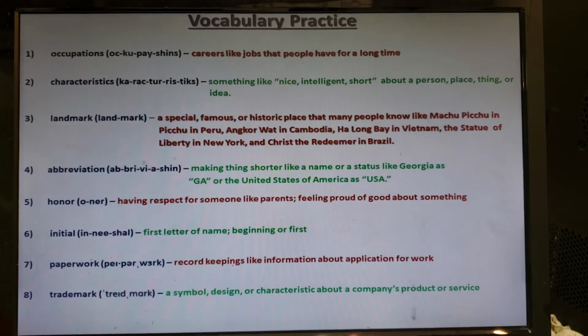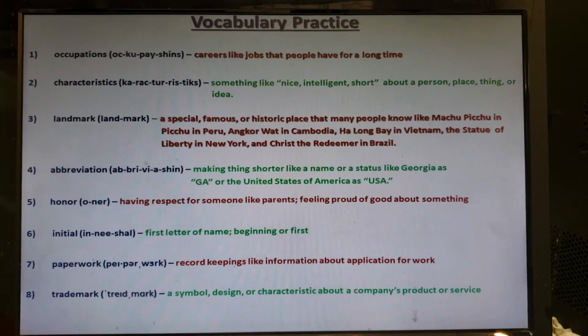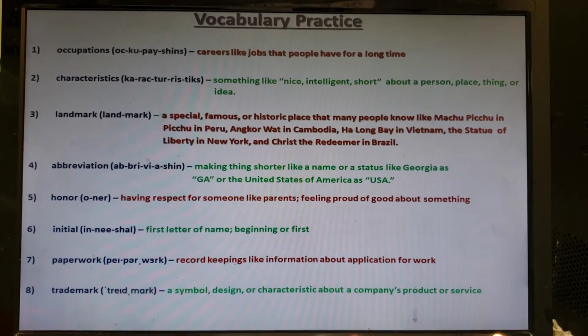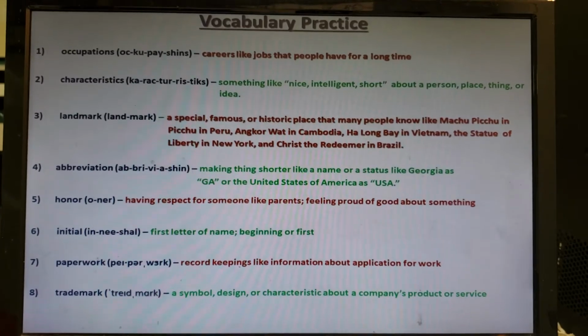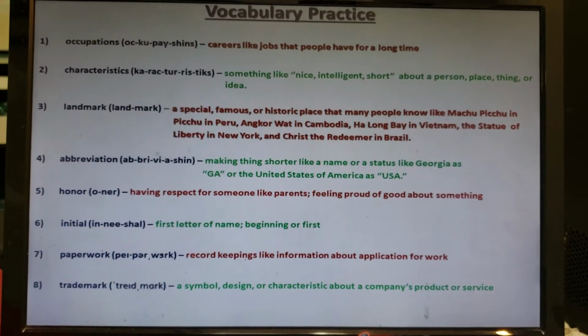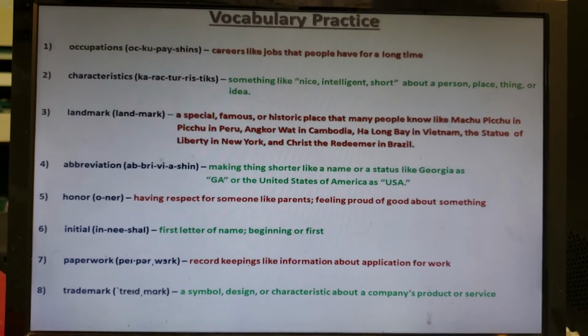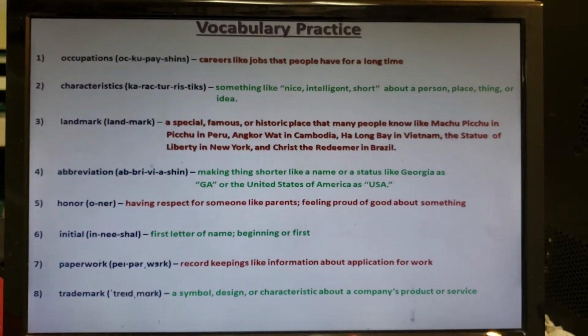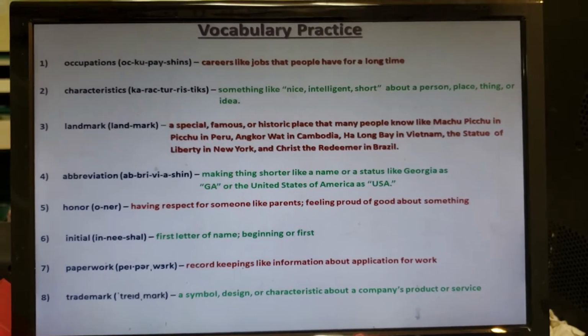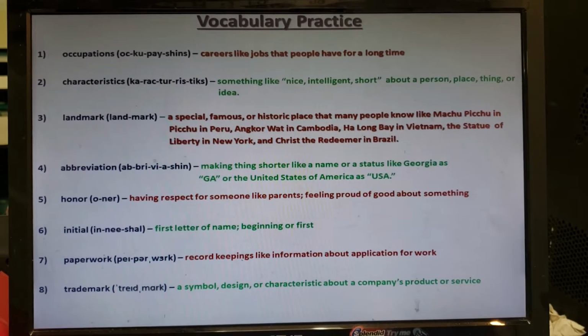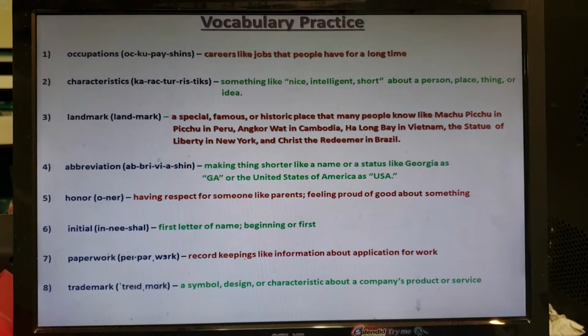For example, Michael Jordan, MJ, a short name, okay? Justin Bieber, J.B., initials.